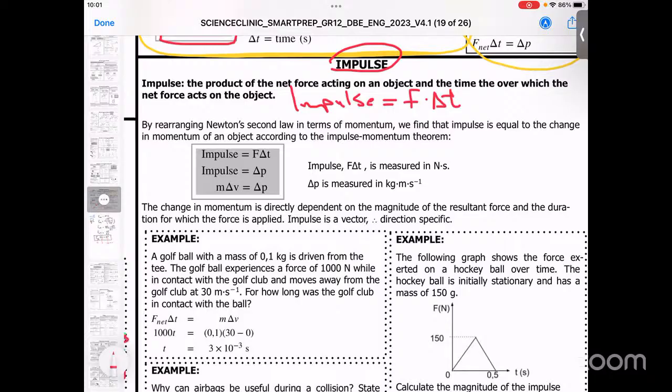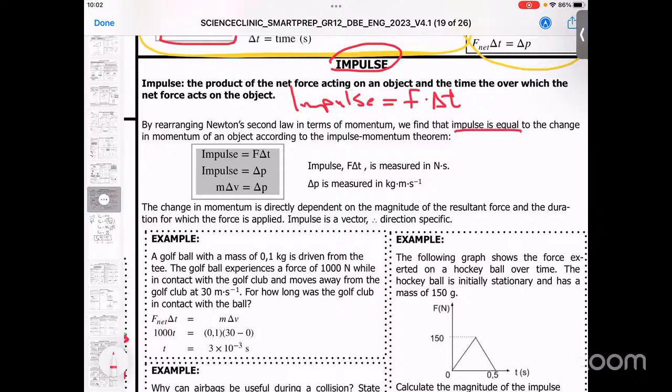So by rearranging Newton's second law in terms of momentum, we find that impulse is equal to the change in momentum of an object, according to the impulse-momentum theorem. Here they are just talking about the formula. If you listen very carefully, you will realize that impulse is indeed equal to the change in momentum.